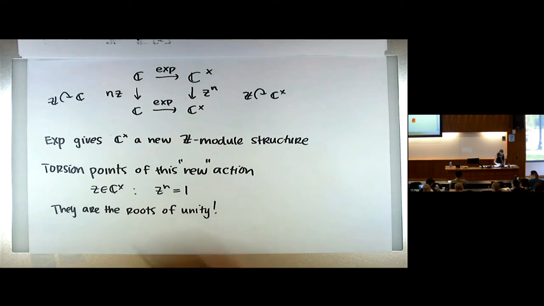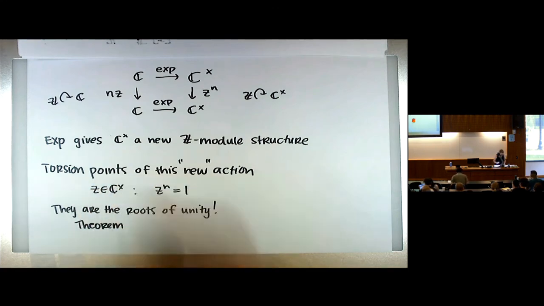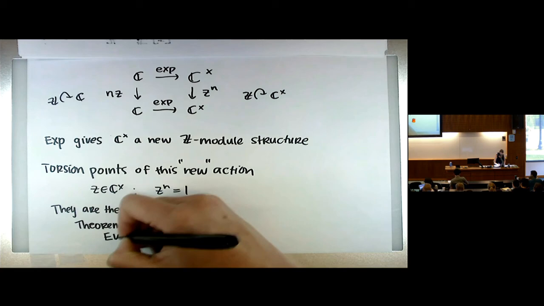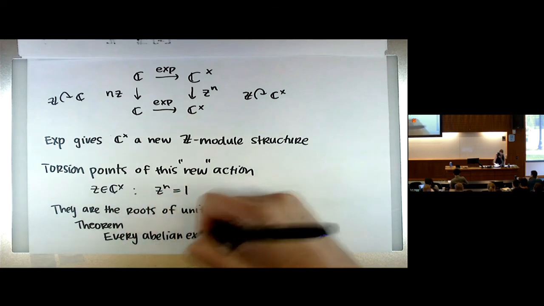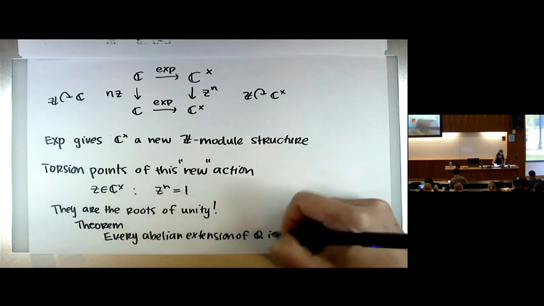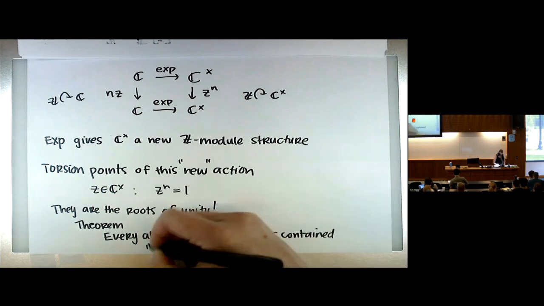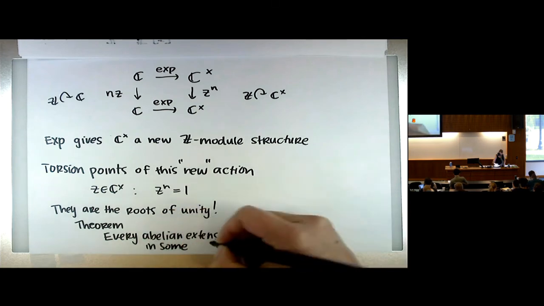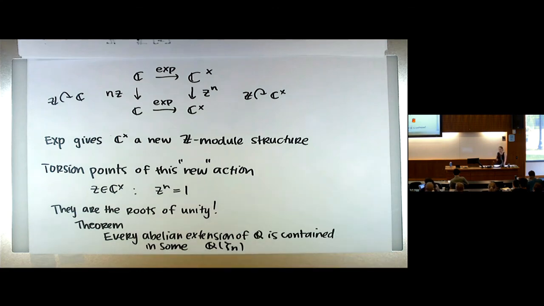Why do I care? Because every abelian extension of Q is contained in some cyclotomic field Q adjoins zeta n.